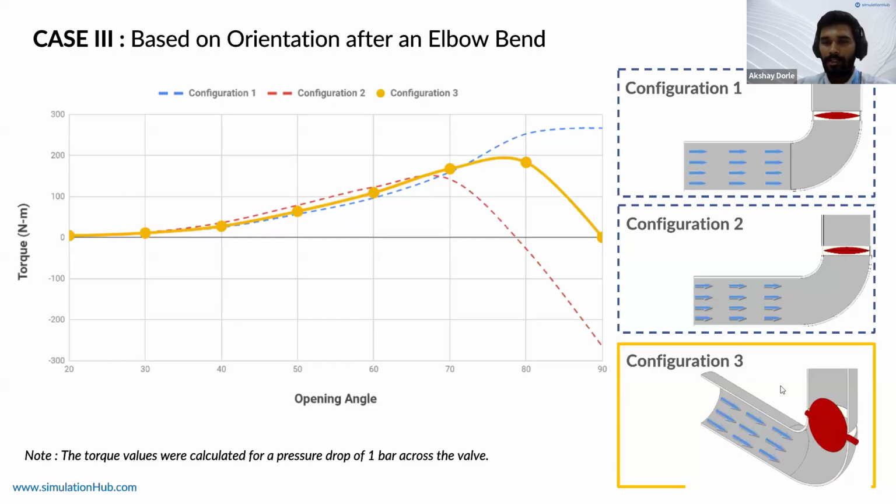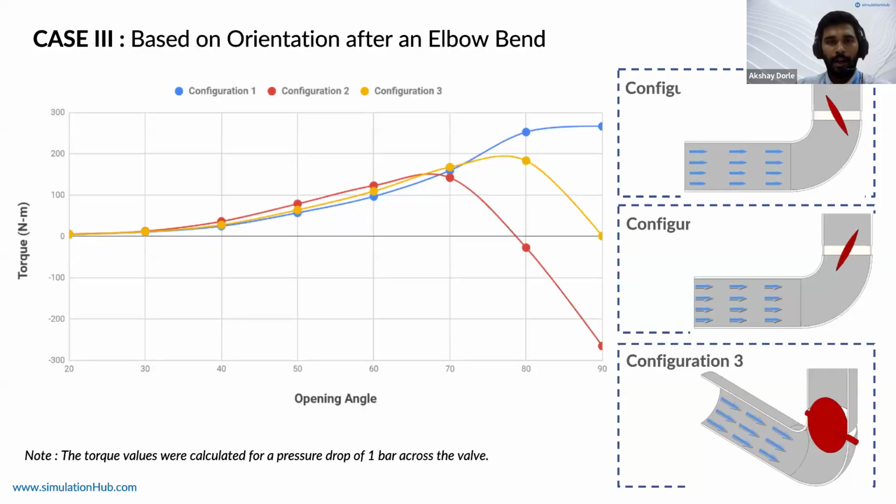And since they are balanced, the CDT at 90 degrees of opening gives a balanced torque, meaning the anti-clockwise and clockwise torque is well balanced, and it gives us a CDT of 0. In all three cases, we have considered that the pressure drop across the valve is 1 bar, and this is all of the cases in action at the same time.